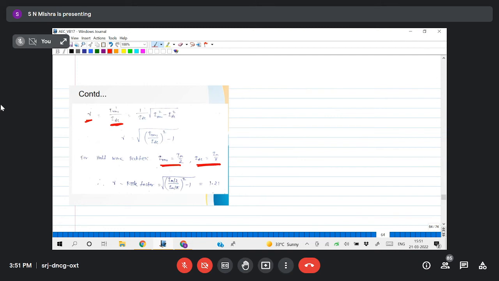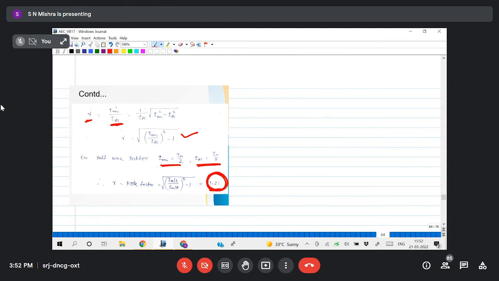So if I replace in this formula, I get the square root of (Im by 2 divided by Im by pi) whole square minus 1. Im cancels, and it gives 1.21. So 1.21 means the AC component divided by the DC component, or the ratio of AC to DC in my output DC.